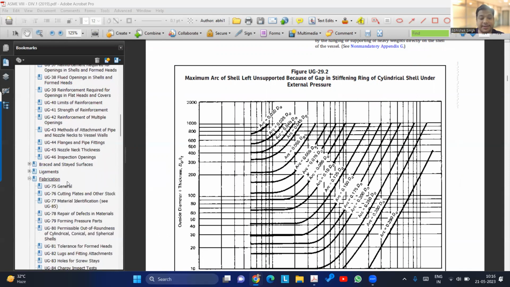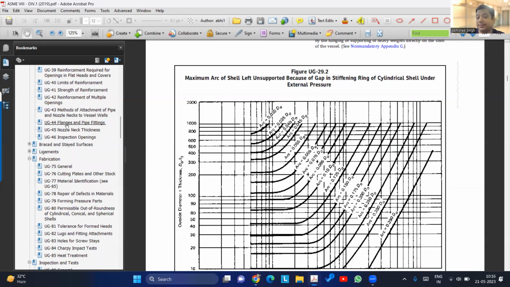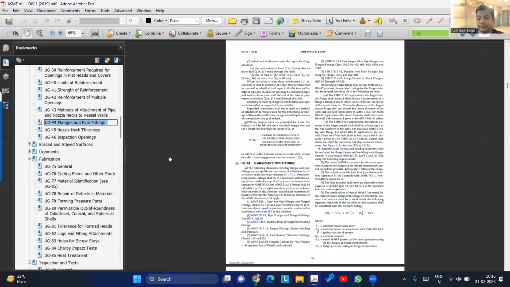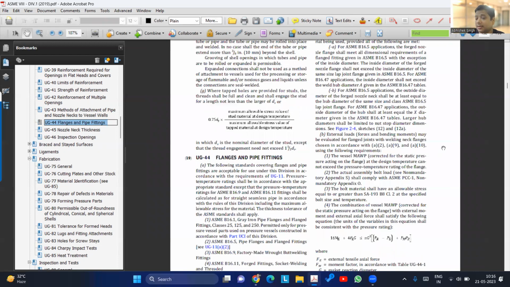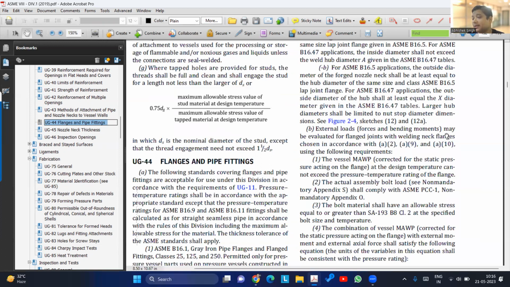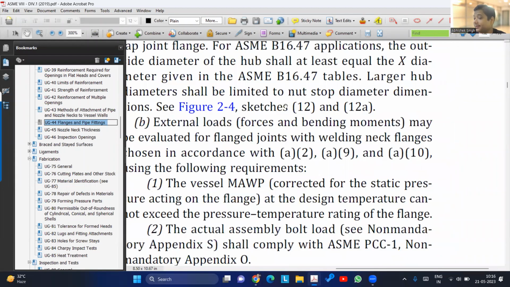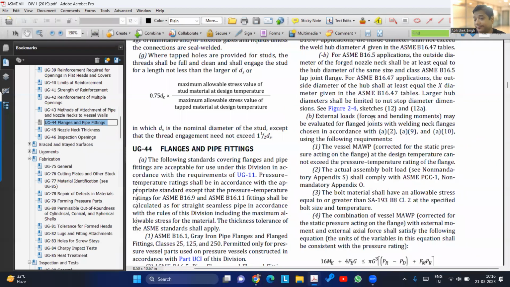Let us study 44B to see if we get some clues. If there is a word like "may" or something like that written, then it means it is optional. If there is no "may", then it's a kind of compulsory thing.